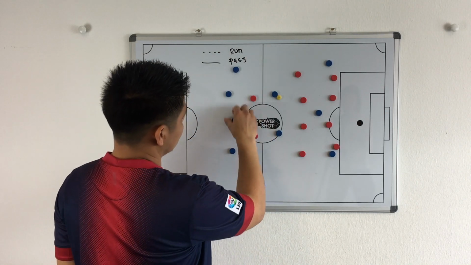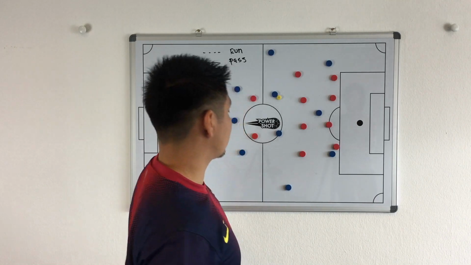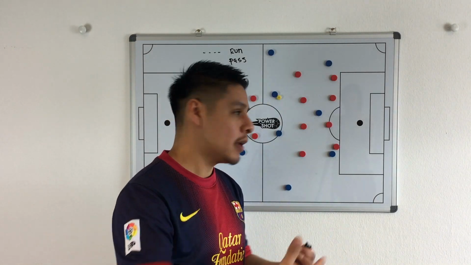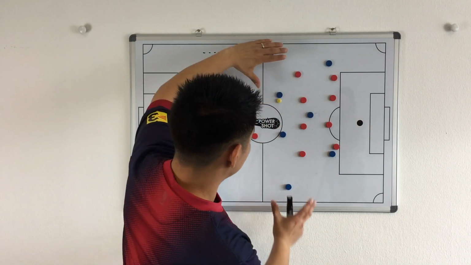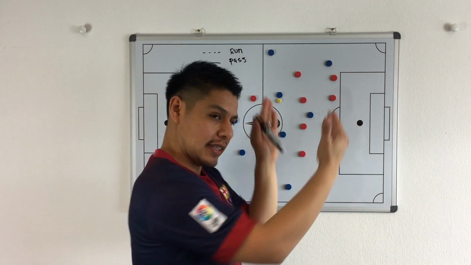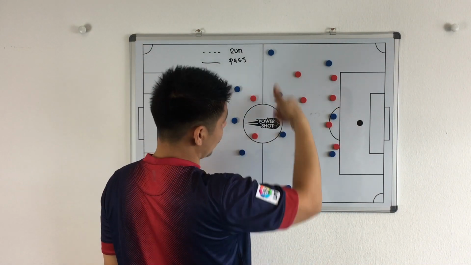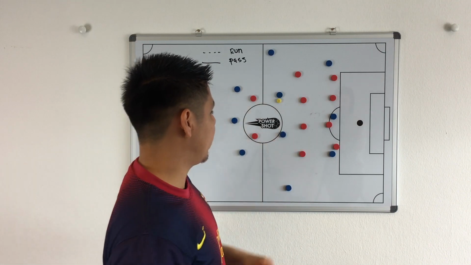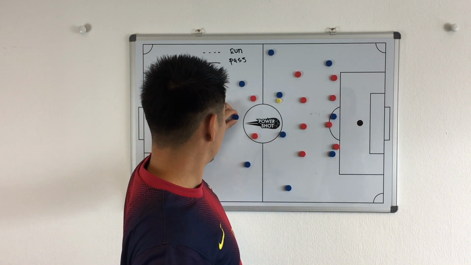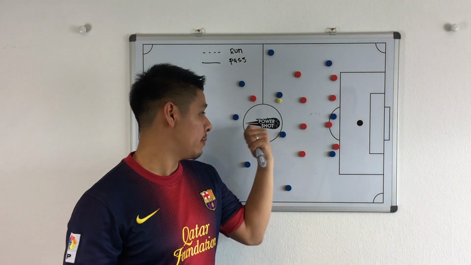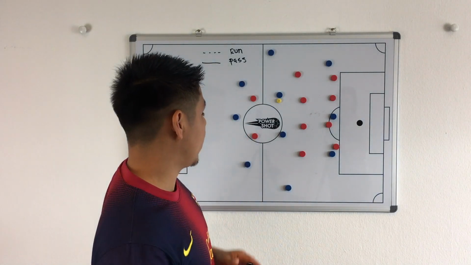But you use your left and right backs to essentially push up and help, so that you create essentially a 5-player center midfield with a false nine, or just a 4 versus 4 with the defenders. Okay, so now then that would just mean that your defensive midfielders just comes back and plays in between the two center backs. Okay.